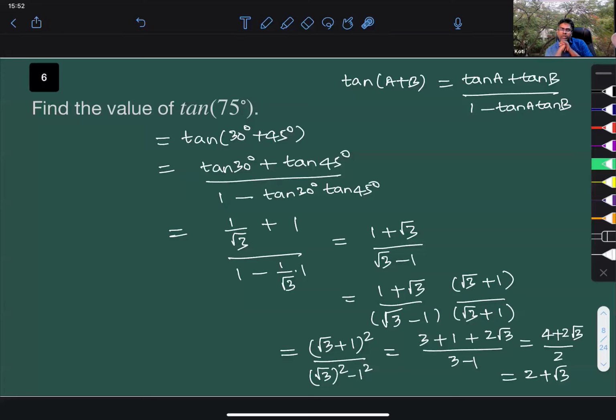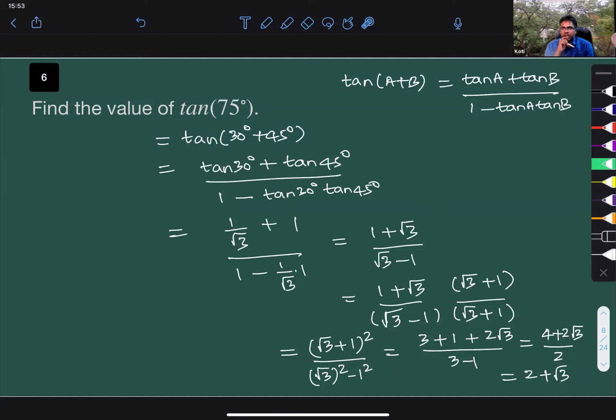Sudhanya, what do you think? What is expected? You rationalize and give. Yes, so you don't stop here. You rationalize and then simplify. Right, Sudhanya? Yeah. It won't take so long. Obviously this one's an easier one, so it's better if you rationalize.